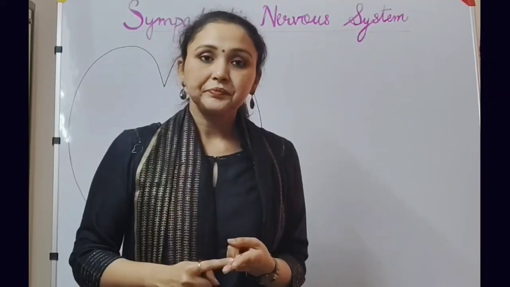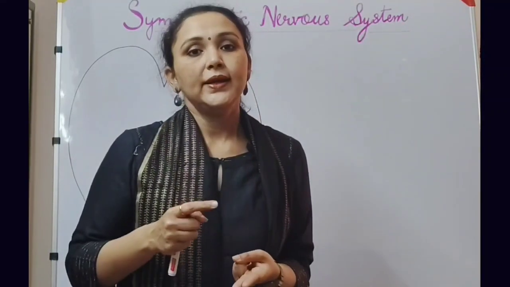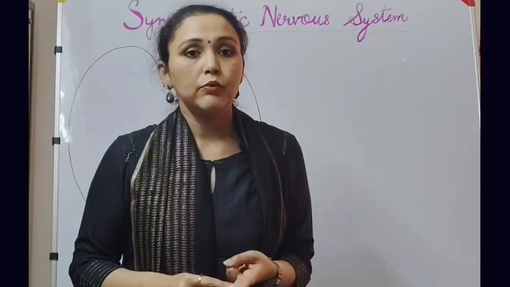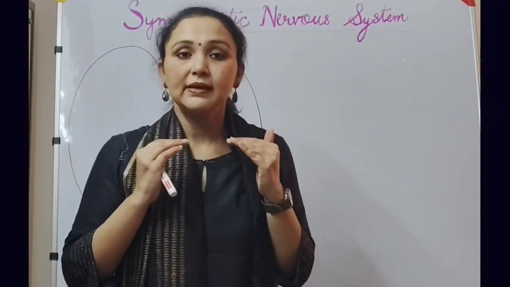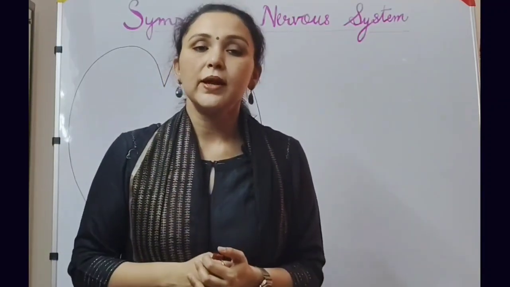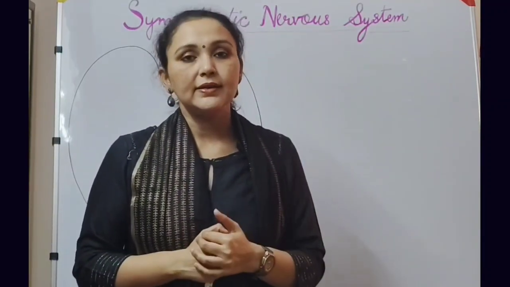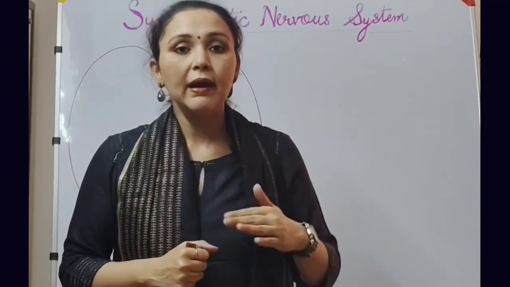What else? There is inhibition of micturition and defecation, whereas the skeletal muscles are more active, and the mouth is dry because the gland secretion is decreased, whereas there is increased sweating because the sweat glands are stimulated by the sympathetic nervous system. Now, how does all this happen?